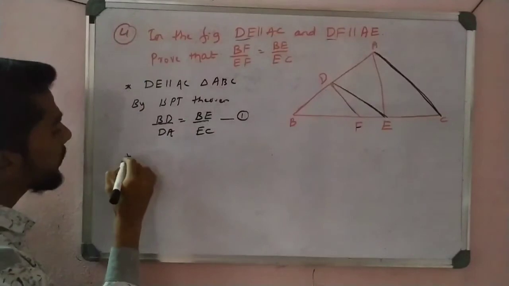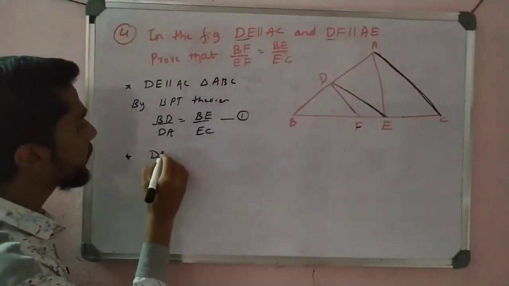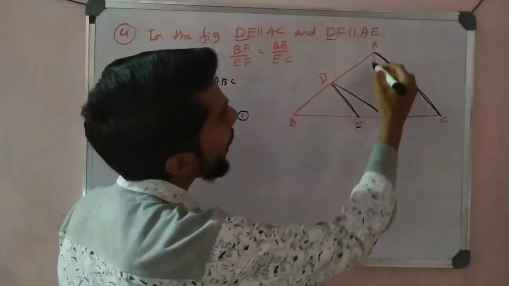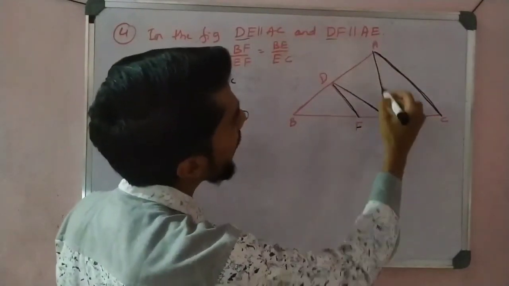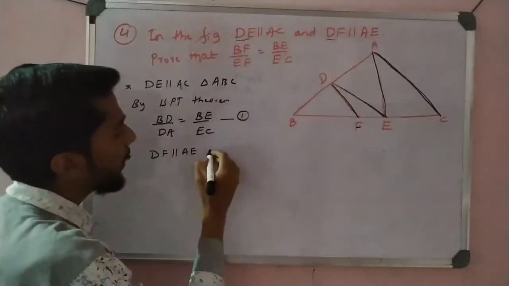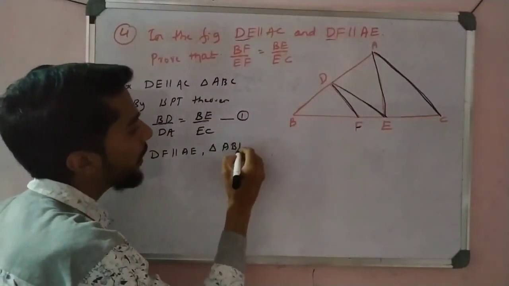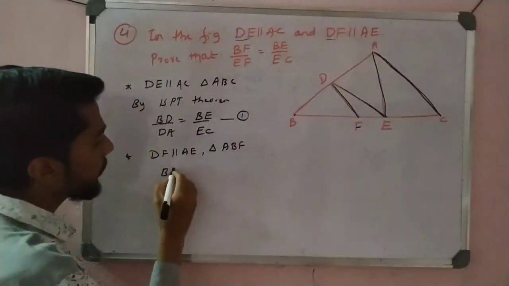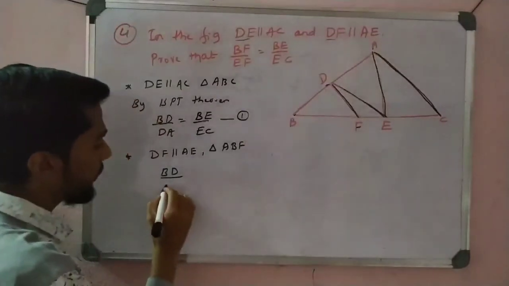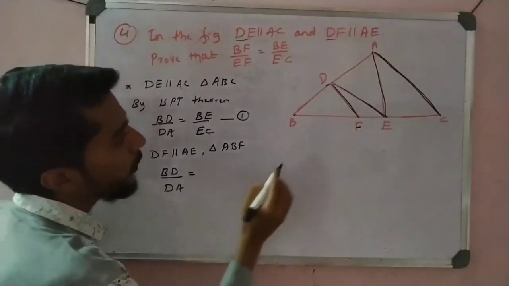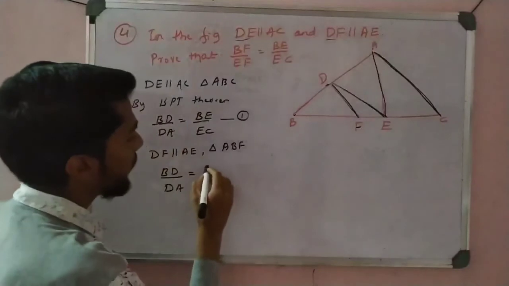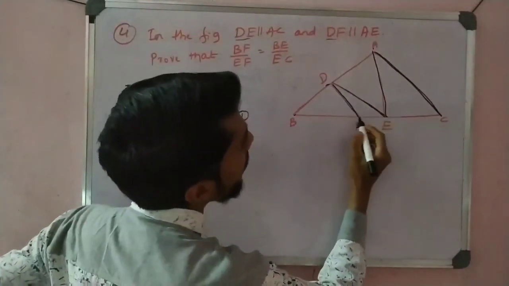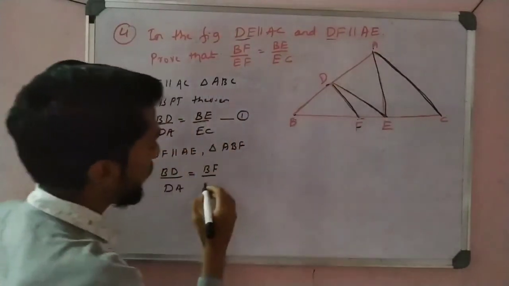Now let us check the second one. DF is parallel to AE, so I can select triangle ABE. BD divided by DA is equal to BF divided by EF.